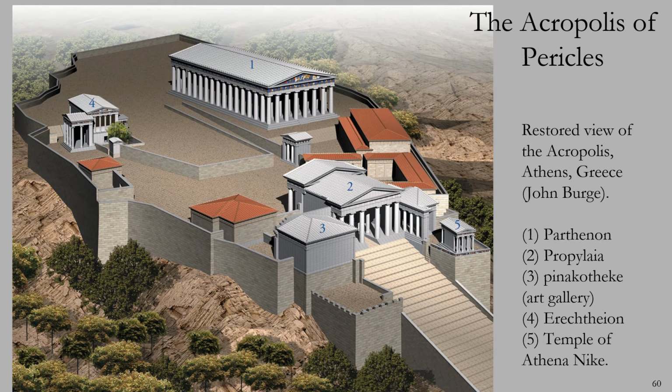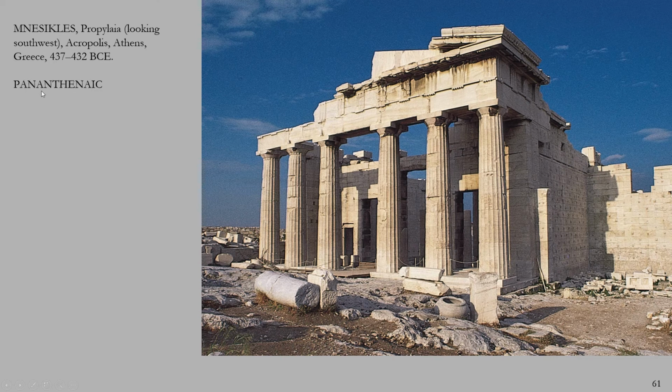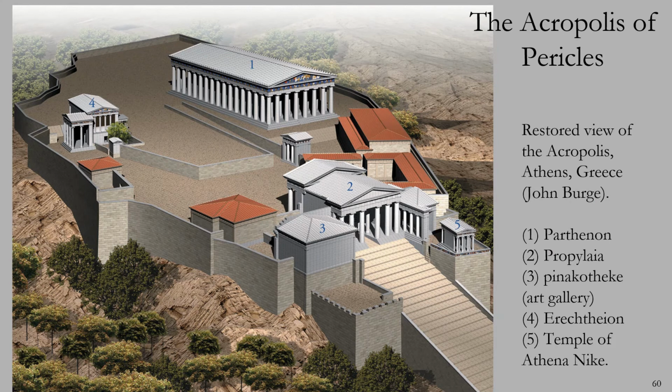The Acropolis consisted of several buildings here, mostly temples. But this formed the center of a large festival called the Panathenaic Festival, which was a festival dedicated to Athena. There was a long parade, a ceremonial gathering that happened in the marketplace of Athens.